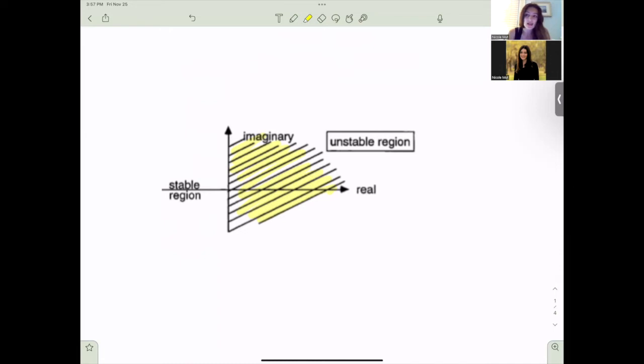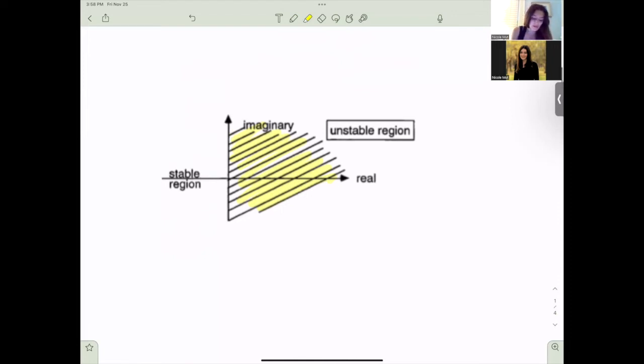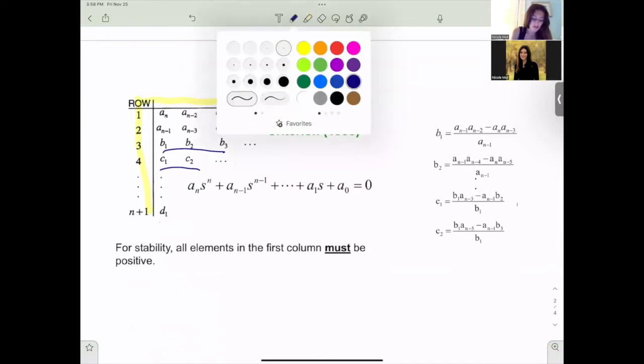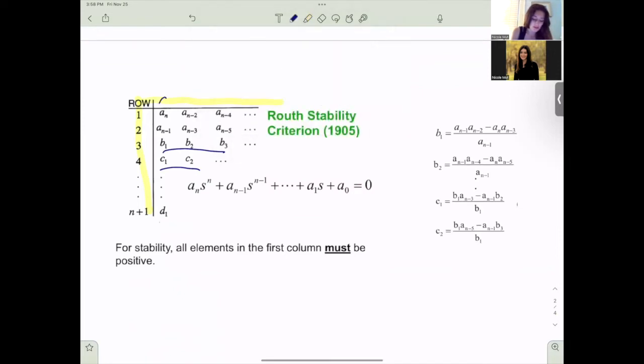Now, if this isn't the case, and if all of the coefficients of the characteristic equation are positive, then you have to do a little bit more digging to determine the behavior. You have to construct a Routh array, which is what you see here. Using the Routh array, we would want to examine this first column.